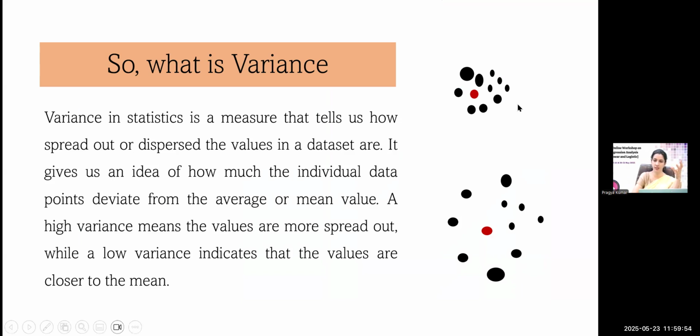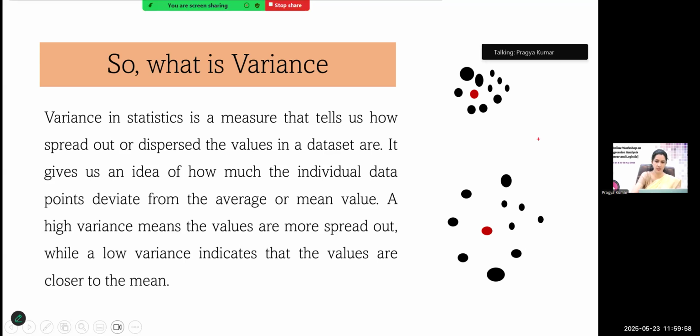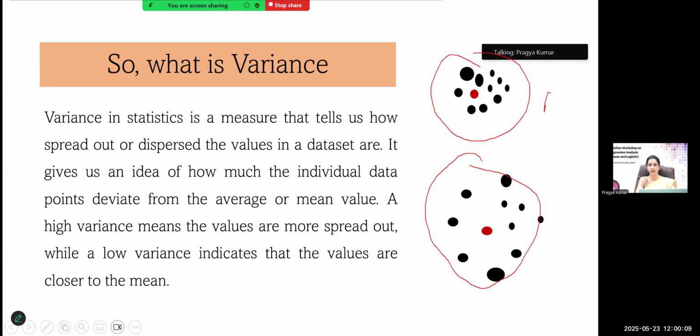If you see these two pictures, this first one and this one, by seeing only the picture, which will have more variance? If this is A and this is B, which has more variance, A or B? B, yes.